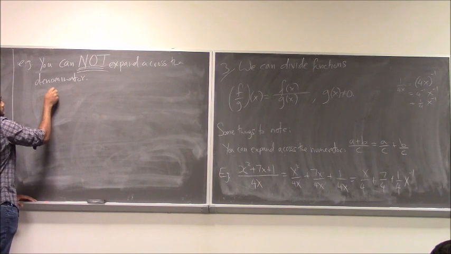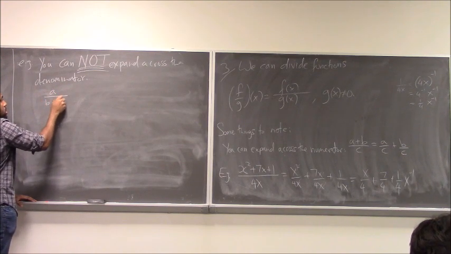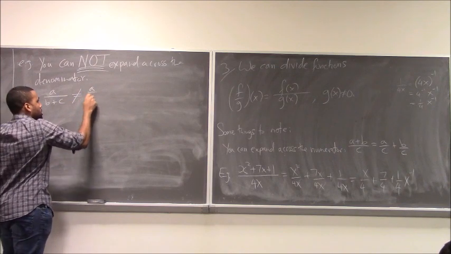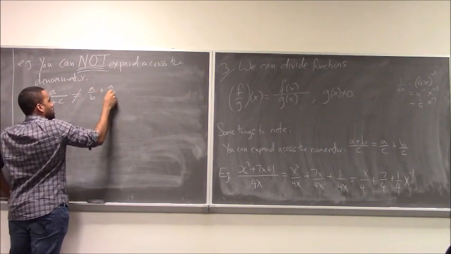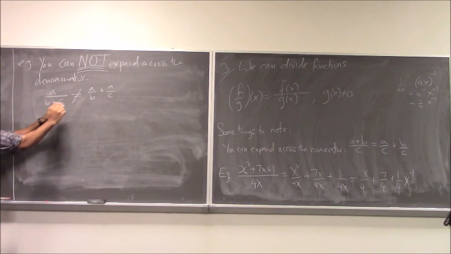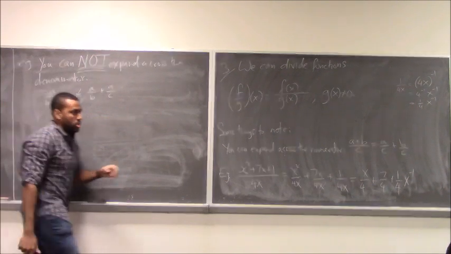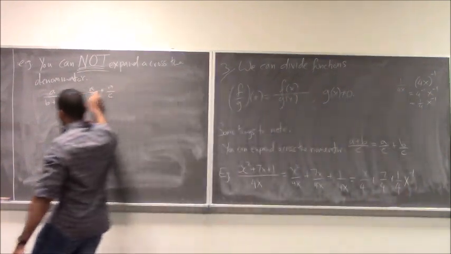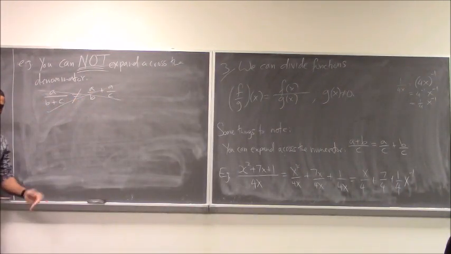If you have something like a and there's a sum in the bottom, you cannot do this or anything similar to that, right? If there's a sum in the denominator, you can't split the fractions across the denominator the same way you can with the numerator. Okay, that is actually completely incorrect. So that's something you should know.